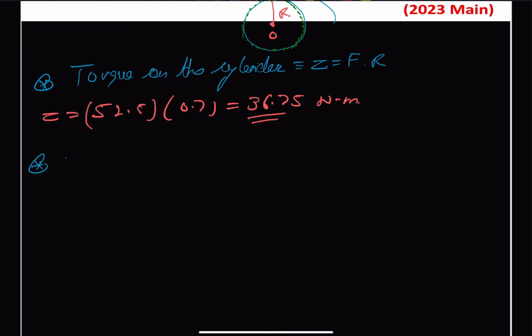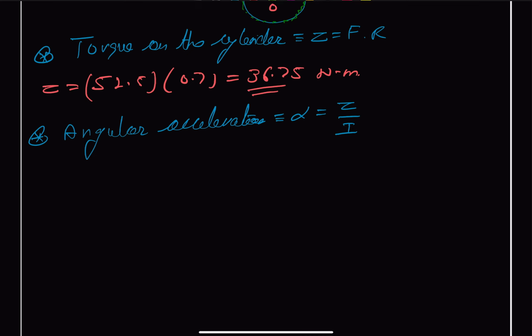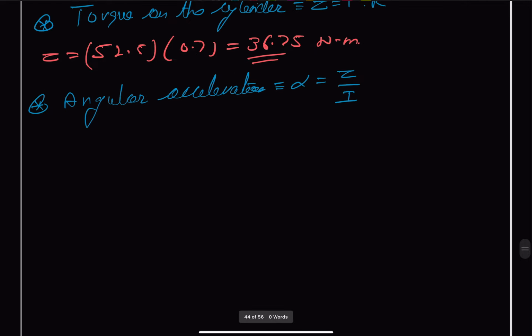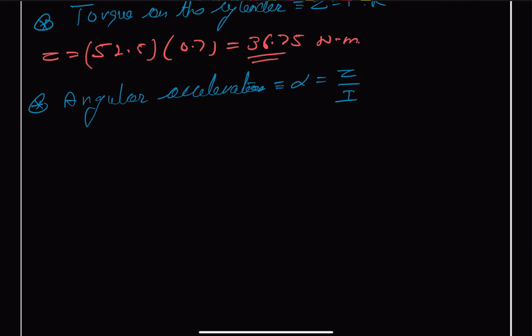and this torque will be generating an angular acceleration alpha. So we can say angular acceleration, that is alpha, will be equal to torque upon moment of inertia I, and because it is a shell, we can easily find out the moment of inertia. The moment of inertia of a hollow cylinder, which is I, is equal to mr square.